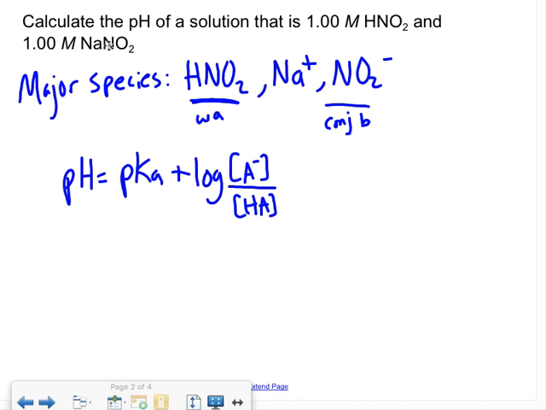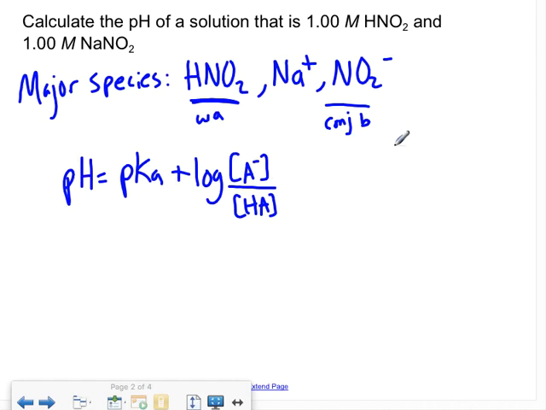That's how you end up with all of this. So it's not a made up thing, it's just a shortcut to doing the ice table since it always works out the same.